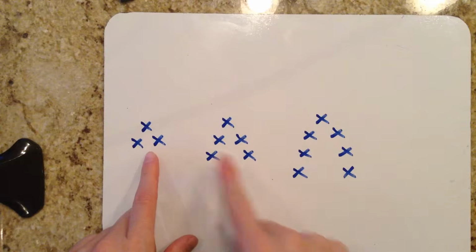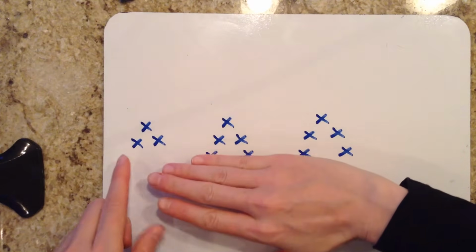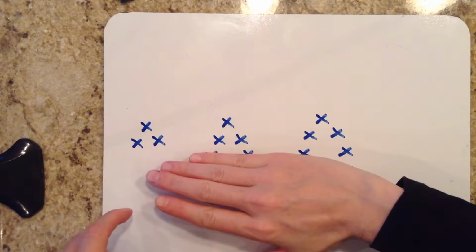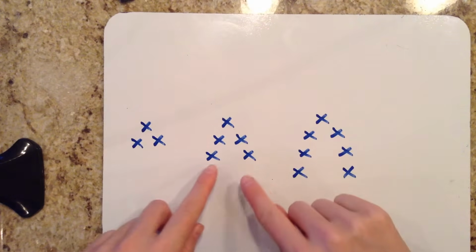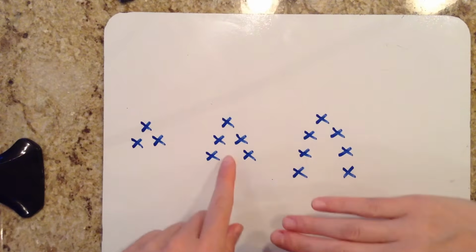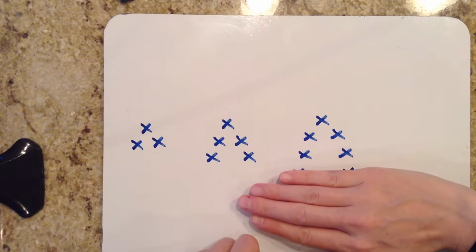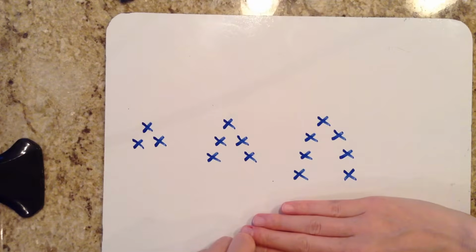And then when I moved to the next term, it looks the same as the last one, except it's 2 bigger. Let's compare this term with the next one. Same, but 2 bigger.